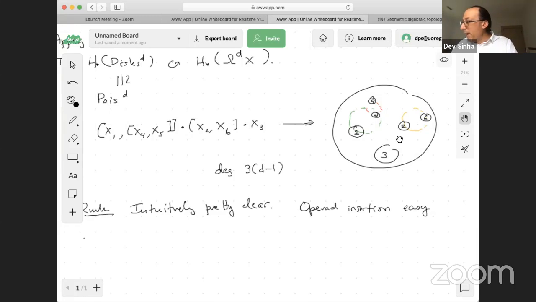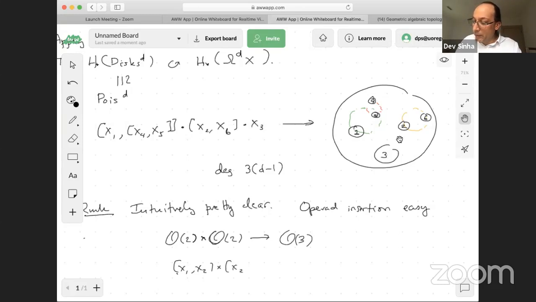So in general, if I'm thinking about O2 cross O2 to O3, and I'm inserting, so I've got X1, X2. Lie is a suboperad, if you will, sort of up to the graded Lie in that degree.